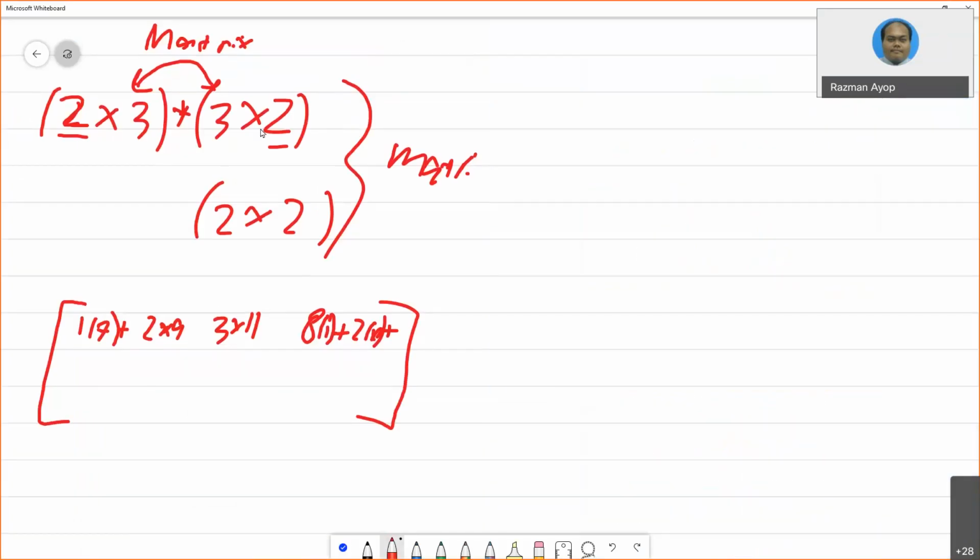I have explained the metric, right? This one is the metric multiplication. So what is the difference between metric multiplication and array multiplication? You can see here, this is the metric one. For array multiplication, it's different.